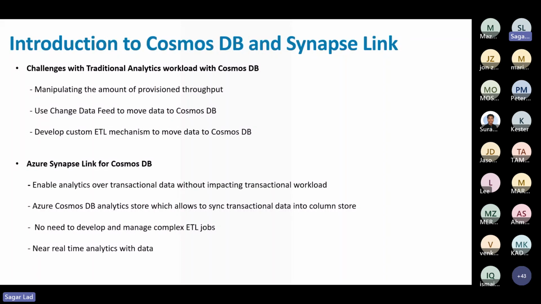You don't have to develop any custom or complex logic to manage the ETL. So whenever there is data, if you have Synapse Link enabled for Cosmos DB, the data will be automatically ingested, and we can enable near real-time analytics with the data.